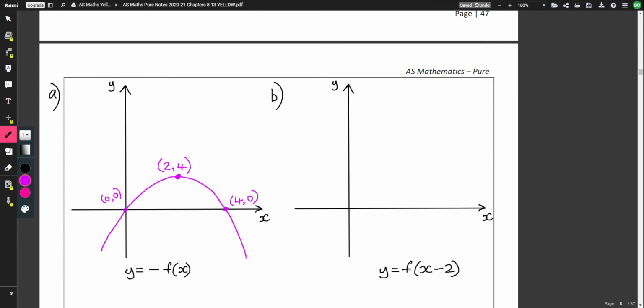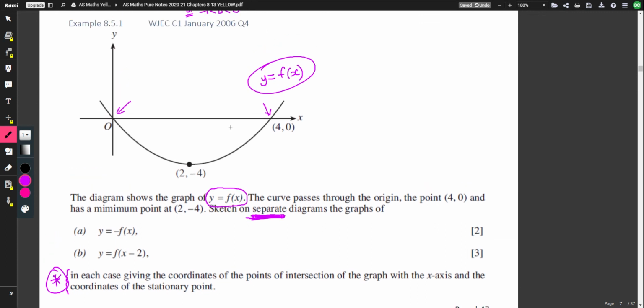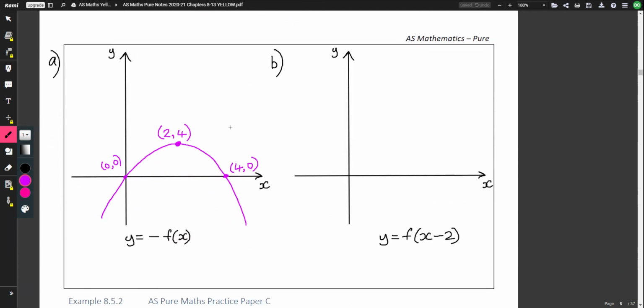On part B, y equals f of (x take away 2). This is going to be a translation to the right by 2 units. Translation to the right by 2 units.